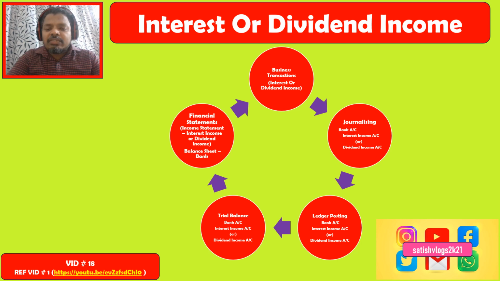Now let's move to the last phase of an accounting cycle, which is the financial statement phase. What are the critical statements which form part of the financial statements? One is the income statement and the other one is the balance sheet, right? As I had already stated, this interest income or dividend income falls under the nominal account. So the balances against the interest or dividend income are supposed to be updated on the credit side of the income statement as incomes. Okay.